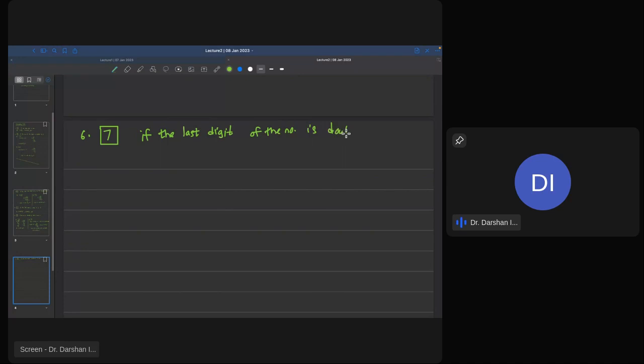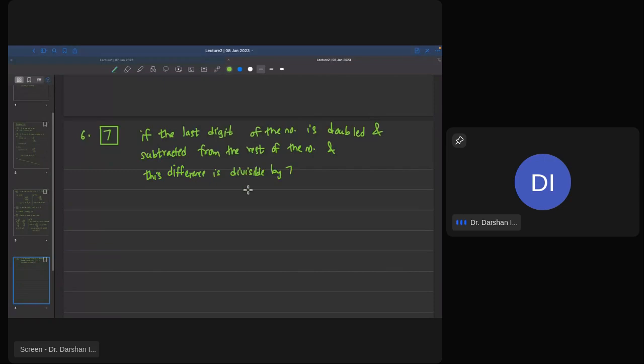If the last digit of the number is doubled and subtracted from the rest of the number, and this difference is divisible by 7, then we say that the number is divisible by 7.